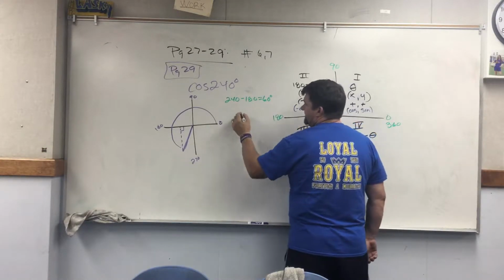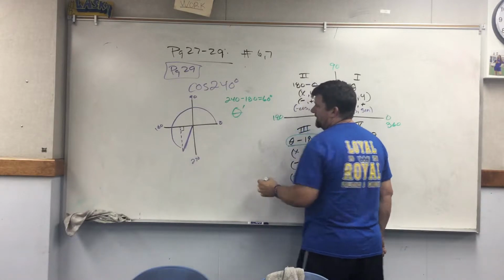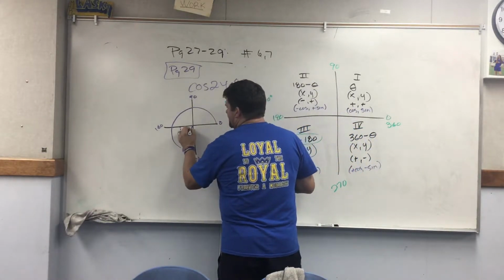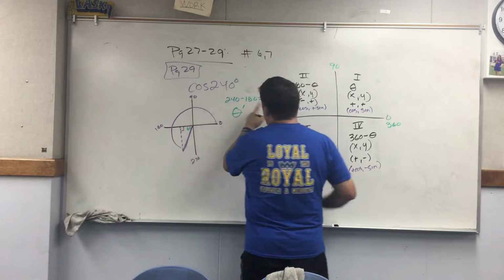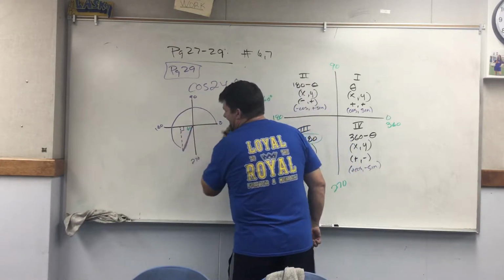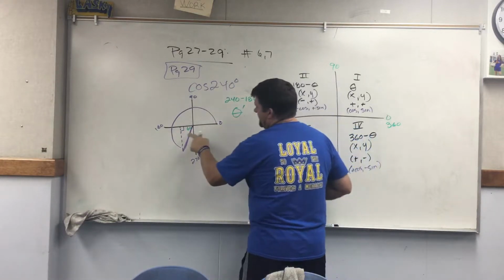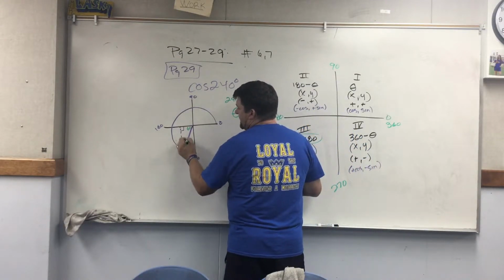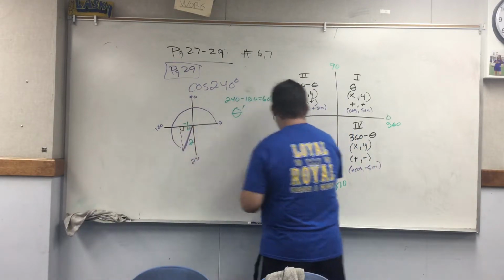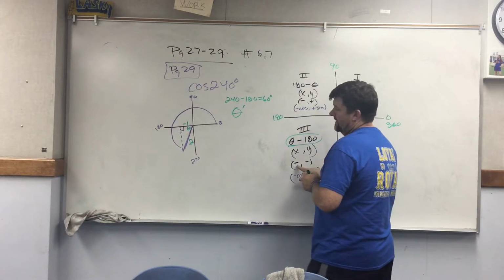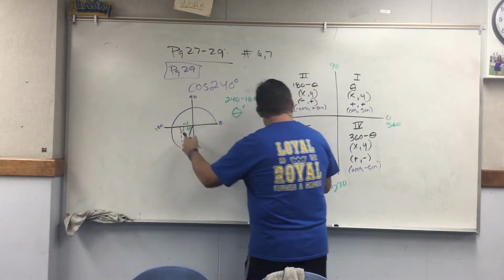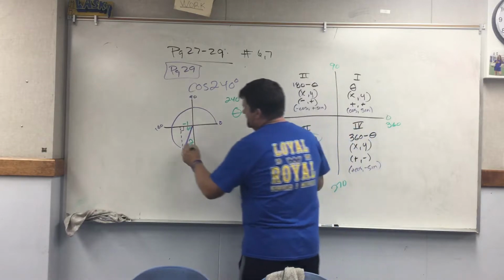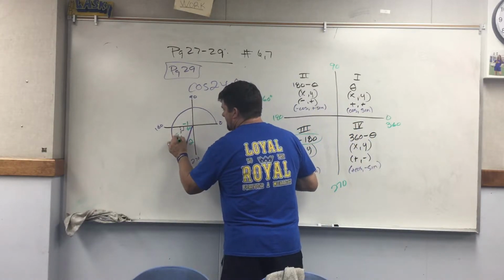So that means my reference angle, they call it theta prime, is 60 degrees. And then since that's 60 degrees, I have a special right triangle, which means that this is going to be 2. This is going to be negative 1 because my x value is negative 1. And my y value is going to be negative root 3.